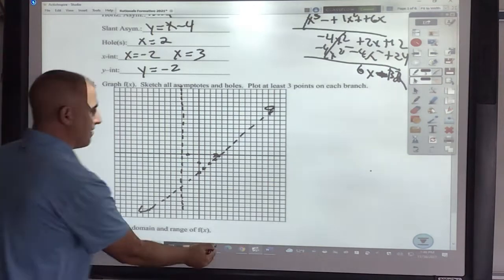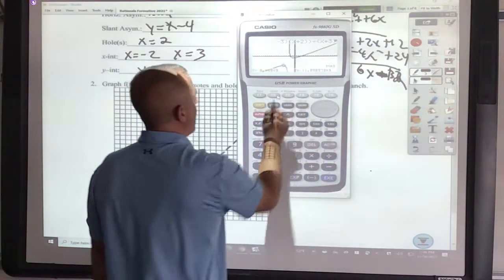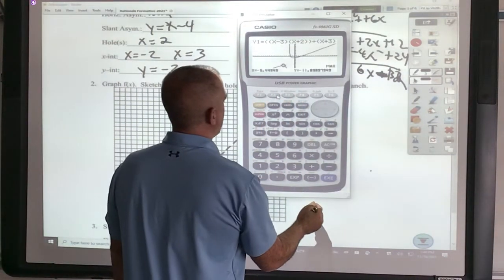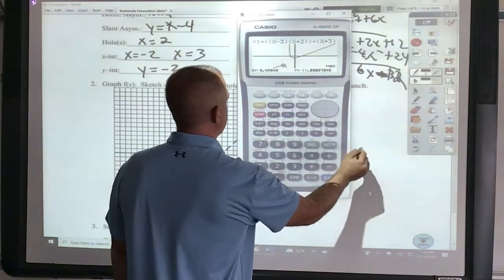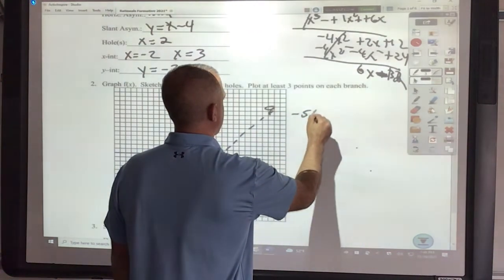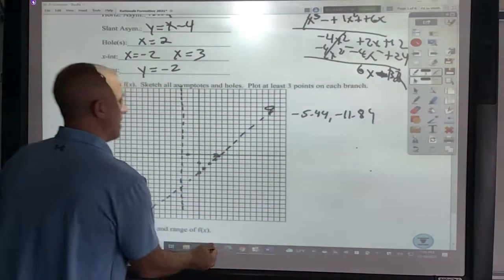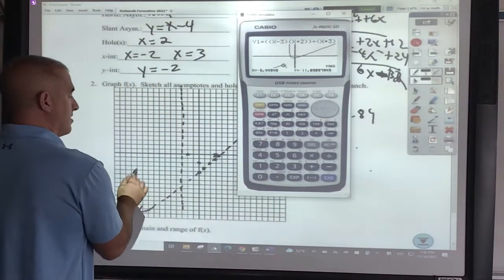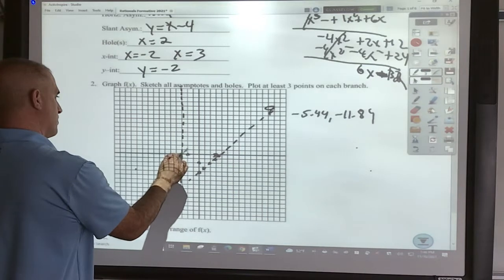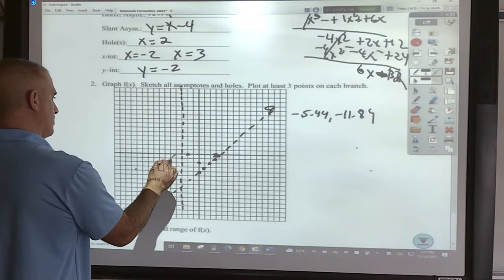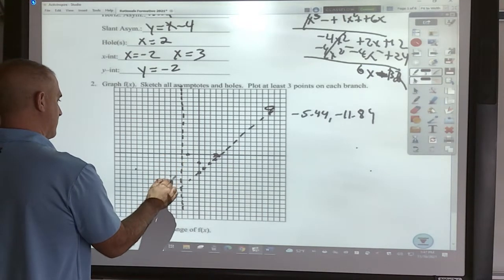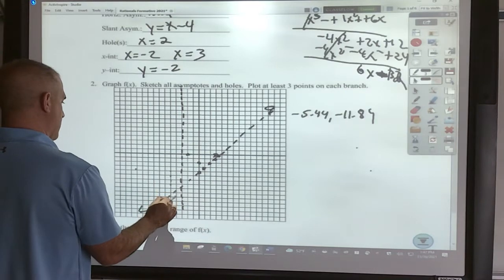Now I also want to find G-solve max, which is -5.44, -11.89. I want to graph that point, -5.44, -11.89, which is 1, 2, 3, 4, 5, 6, 8, 9, 10, 11, and a bit.